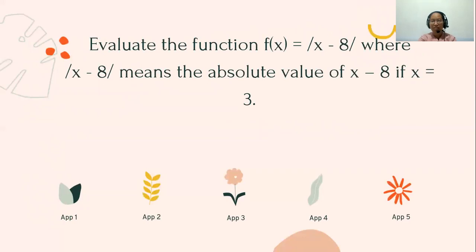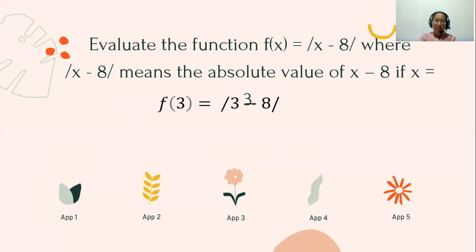I still have here another example. Evaluate the function f of x equals the absolute value of x minus 8, if x is equal to 3. So simply substitute the value of x, which is 3.